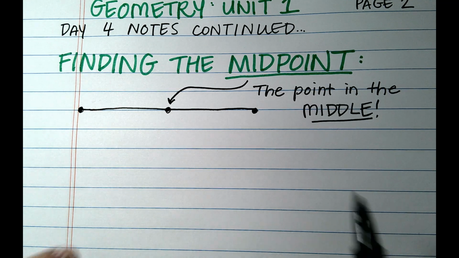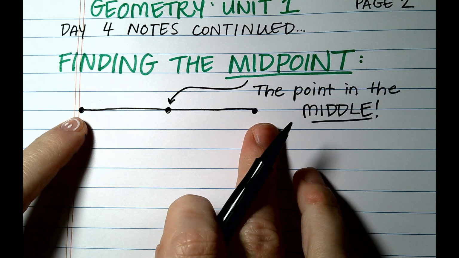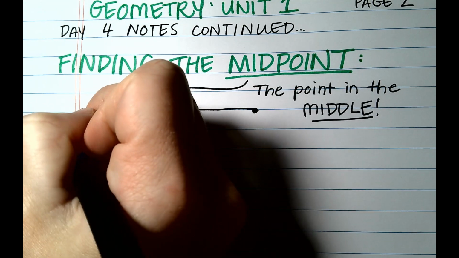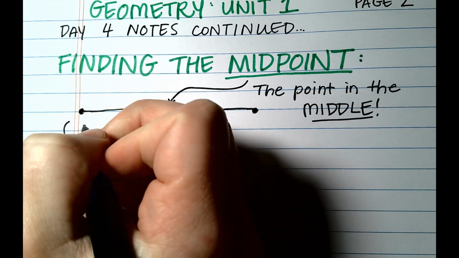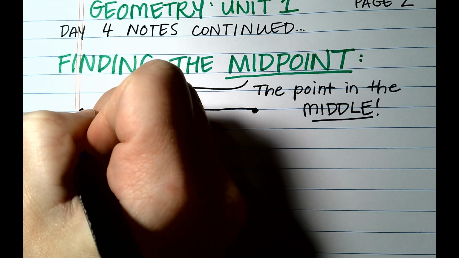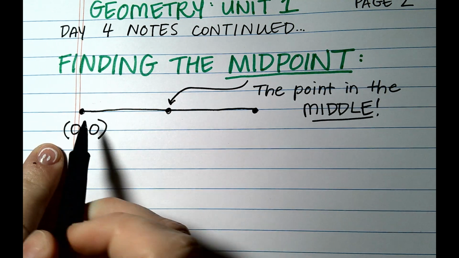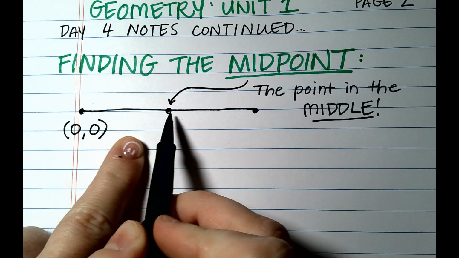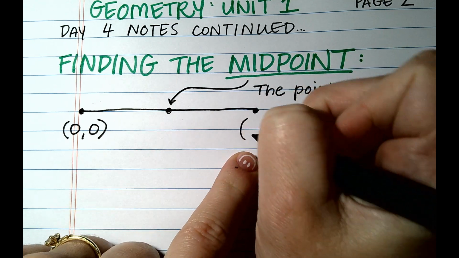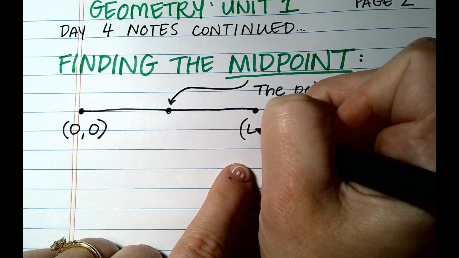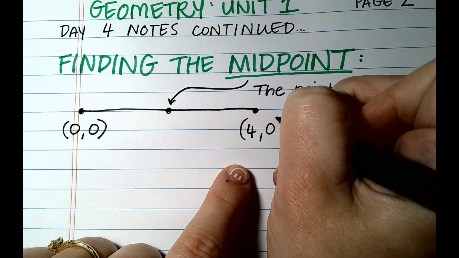So if I were to tell you, let's maybe only look in the x direction. If this point was 0, 0, and this was 4, 0.